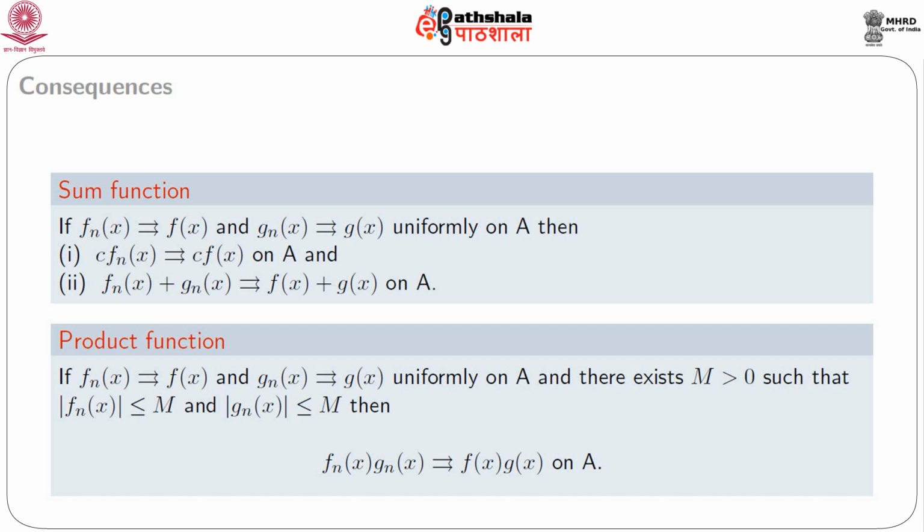Now again, if f_n(x) converges uniformly to f(x), and g_n(x) converges uniformly to g(x) on A, and there exists some positive quantity m such that the absolute value of f_n(x) is less than or equal to m and the absolute value of g_n(x) is also less than or equal to m, then the product function f_n(x) multiplied by g_n(x) also converges to f(x)g(x) uniformly on A.